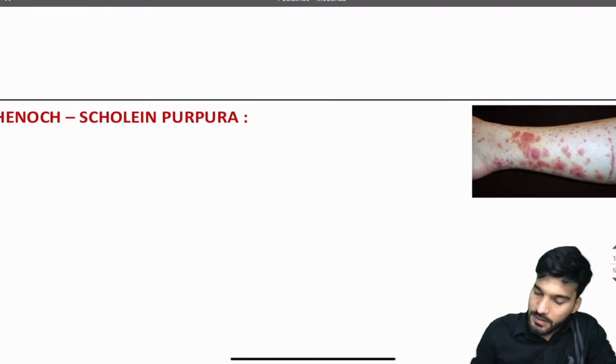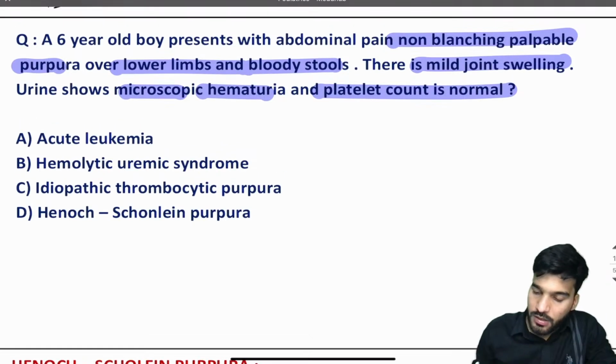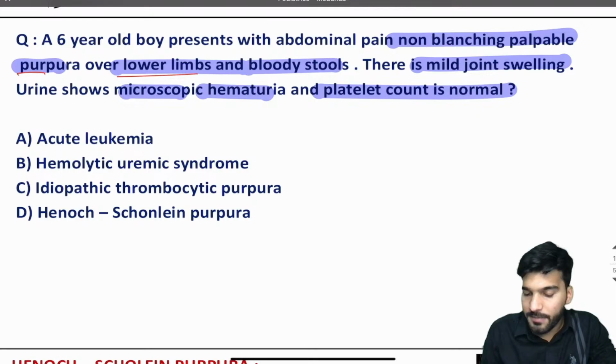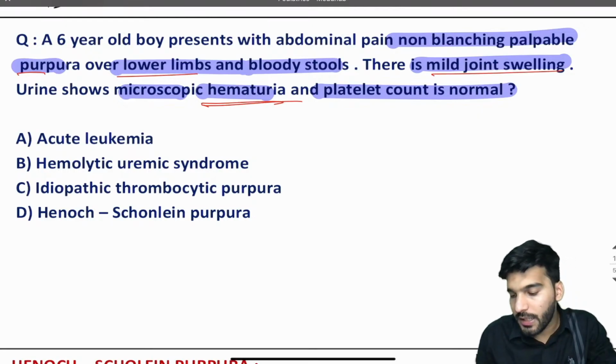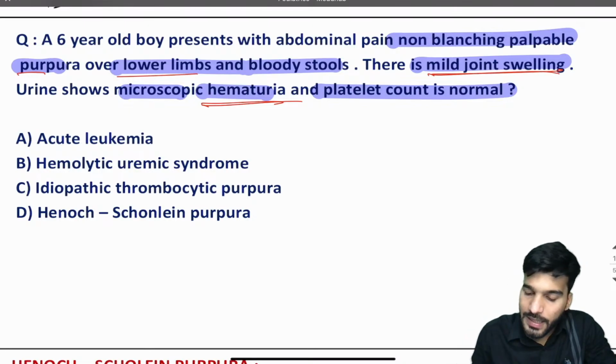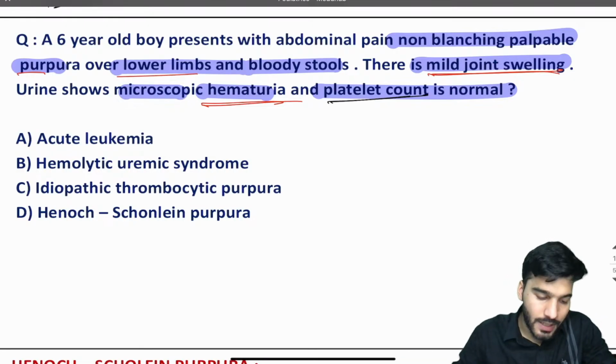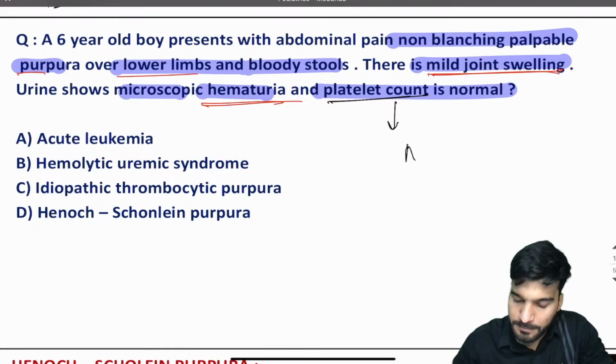See, the purpura is present over the lower limbs, and the baby is having hematuria as well. There is joint pain or joint swelling as well, but remember the platelet count is normal, so that means it is a non-thrombocytic purpura.